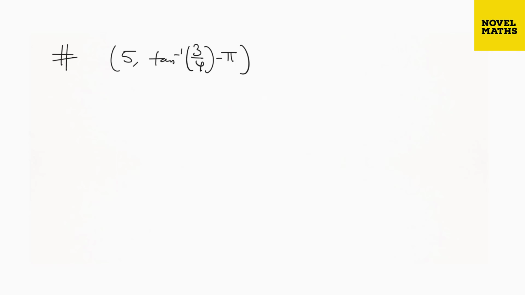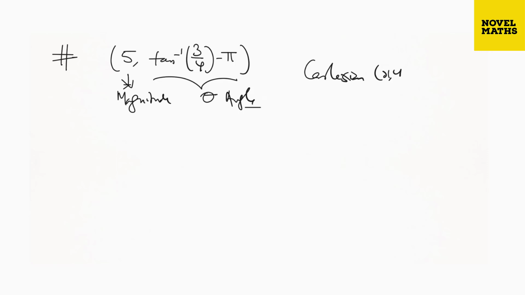Alright, so let's try to solve this problem. This is theta, or angle, and this is the magnitude, and we need to convert into the Cartesian or xy coordinate system. This angle has two parts.